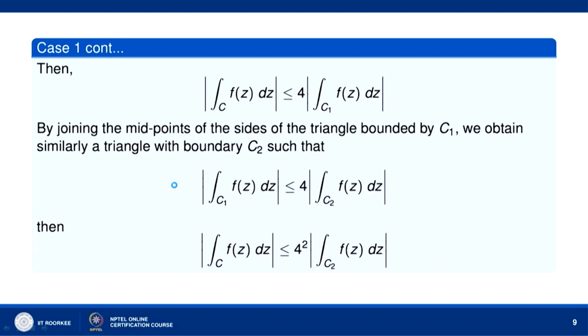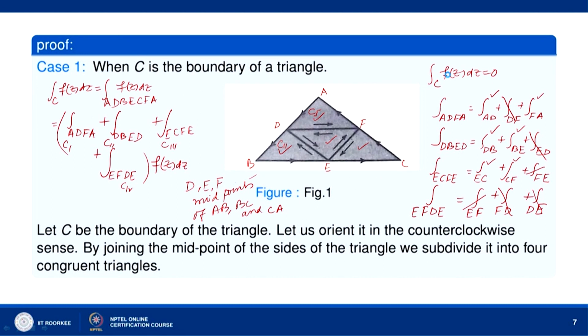So, this was the situation. Out of these 4 congruent triangles, we have taken that triangle as C1 whose integral of f(z) along C1 has the maximum value.